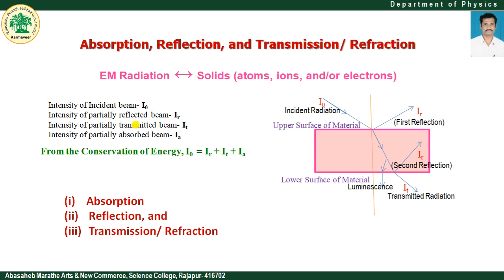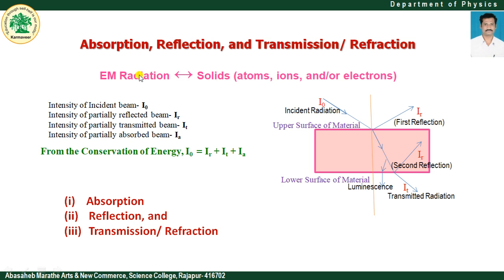In the last lectures, we introduced the optical materials. We studied the interaction of photons, that is electromagnetic radiation, with the solid, that is the atoms, ions, or electrons of the solid.